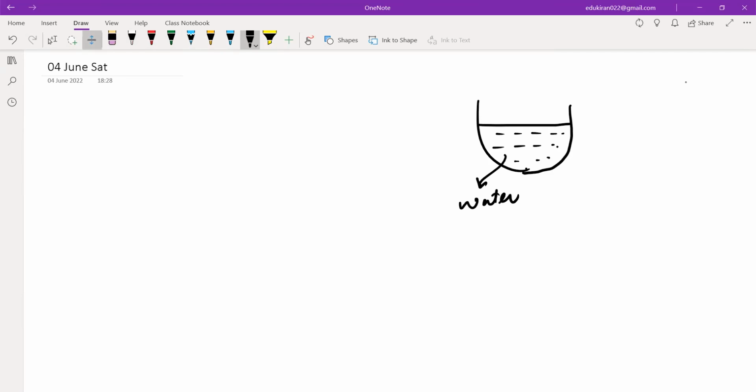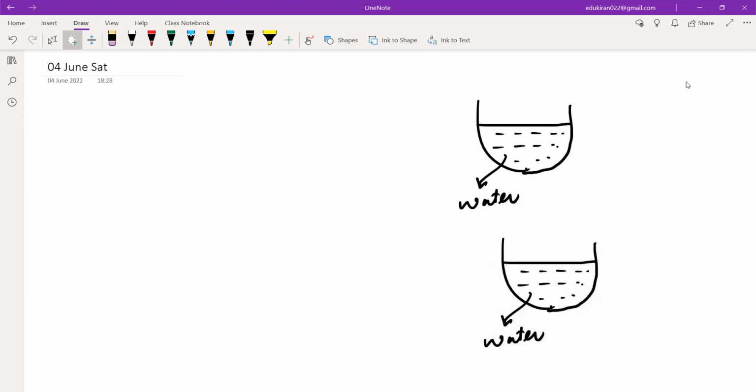Then you have a similar container, but here you have water plus salt. If you have just water, that means you have only liquid, correct? In water plus salt, we have liquid and solid also.